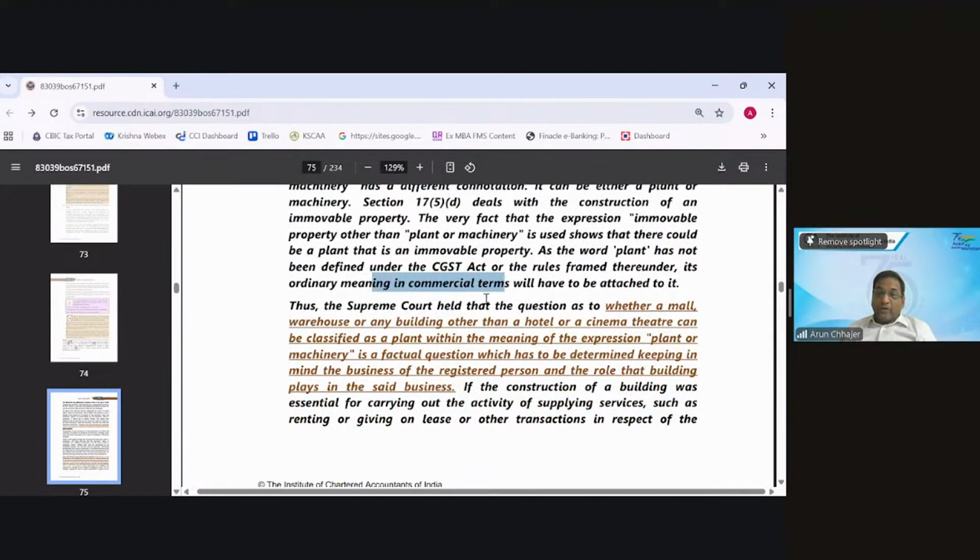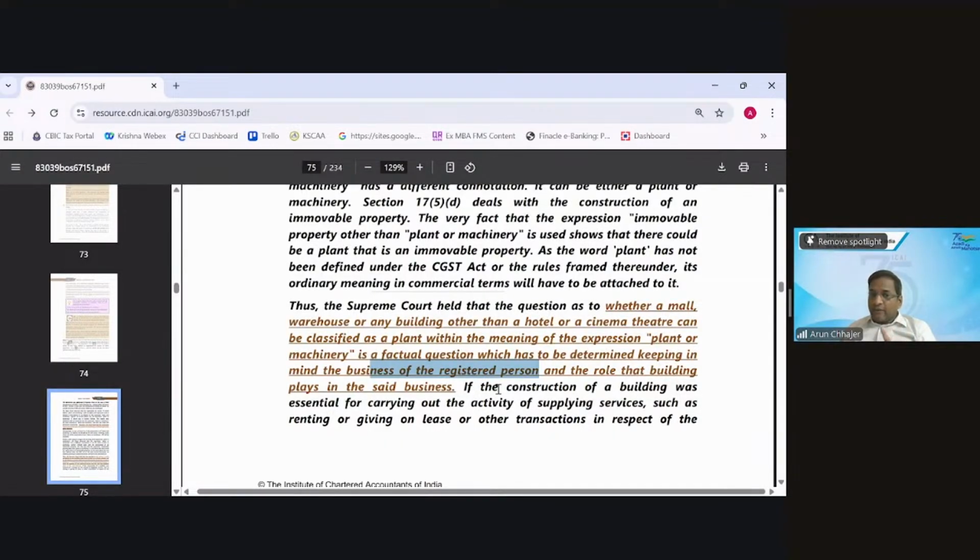The Supreme Court held that the question as to whether a mall, warehouse or building other than hotel, cinema, theater can be classified as plant is a factual question which has to be determined keeping in mind the business of the taxable person and the role that the building plays in the said business.